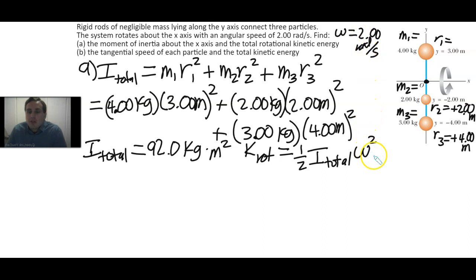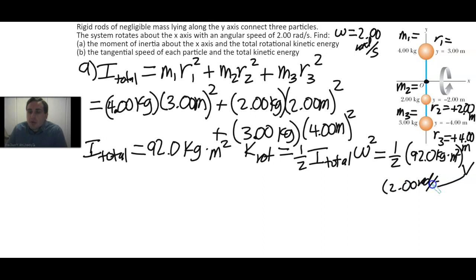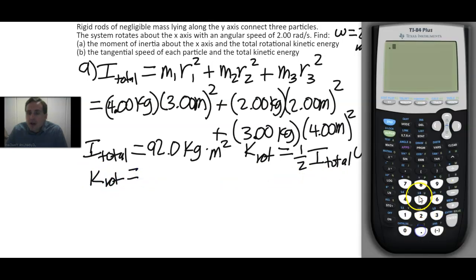So this is going to be 1/2 times 92.0 kilograms times meters squared times 2.00 radians per second squared. All right, so let's perform this calculation for the rotational kinetic energy. So we perform 0.5, that's the same thing as 1/2, times 92 times 2 squared. And 2 squared is 4.